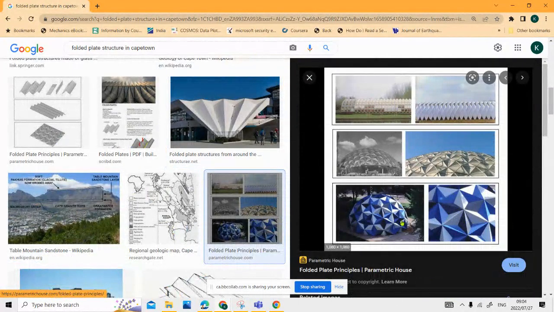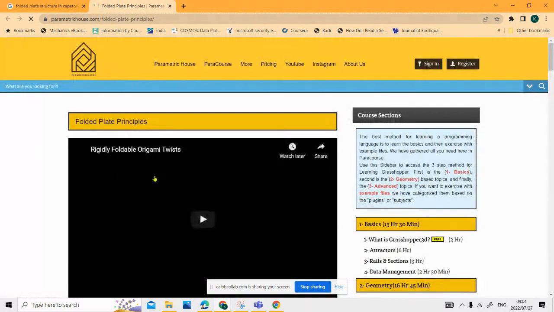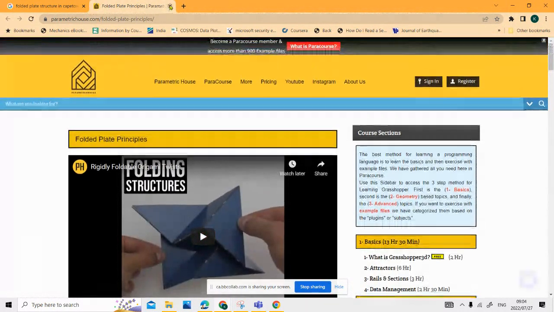Yes, sir. These need a very special type of arrangement in order to analyze them. Basically these structures don't carry any additional load, only their own weight, right?